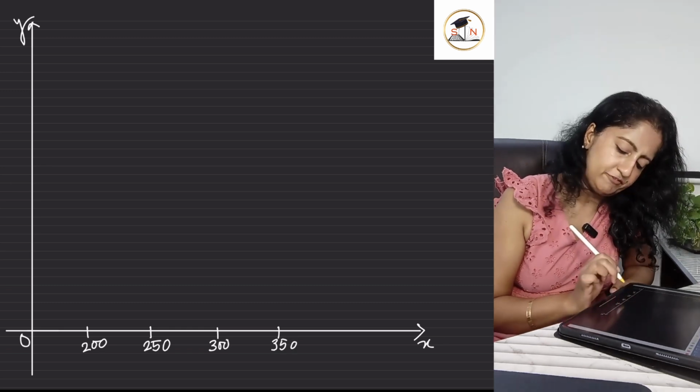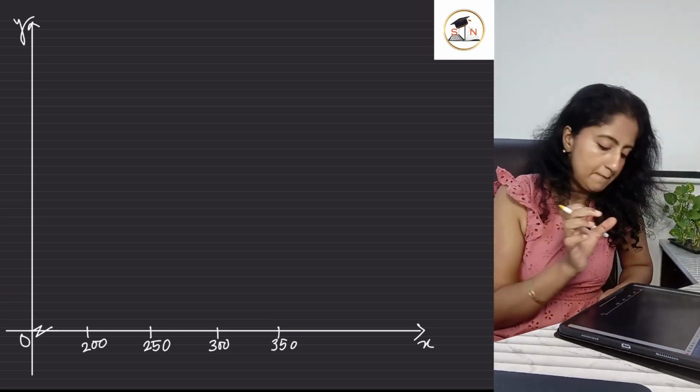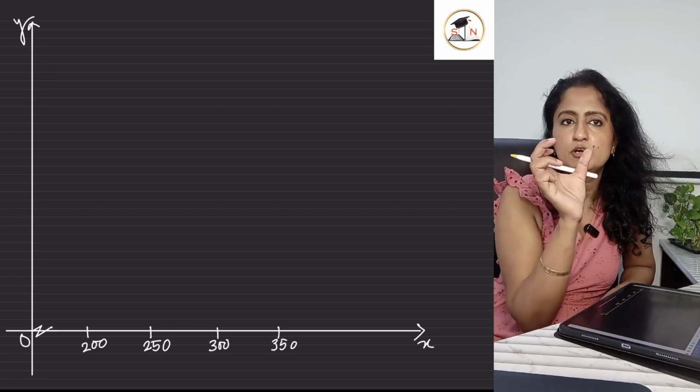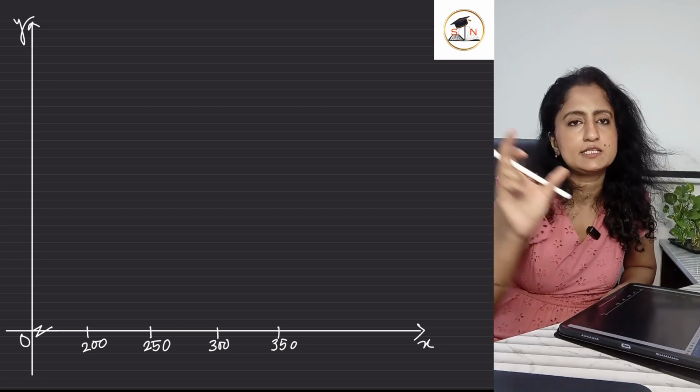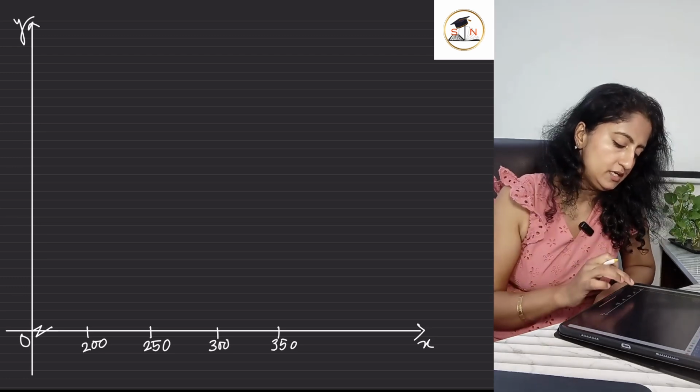Okay, 50 units each, but after 0 the first gap is 200, so here I have drawn a kink because the first gap is 200 units. After that, the gap is 50 units. So please ensure that.